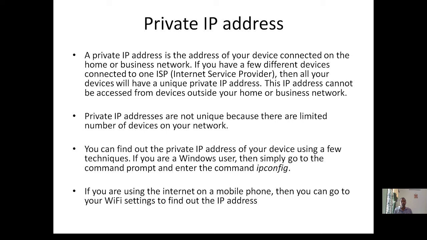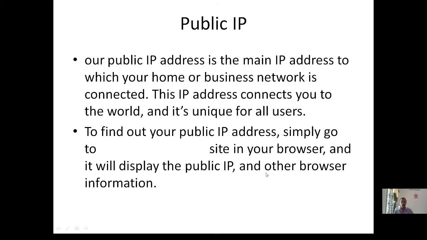When you connect to a local area network, we need an IP address for that communication. That IP address we call a private IP address. In Windows, the ipconfig command is used to see the private IP address.